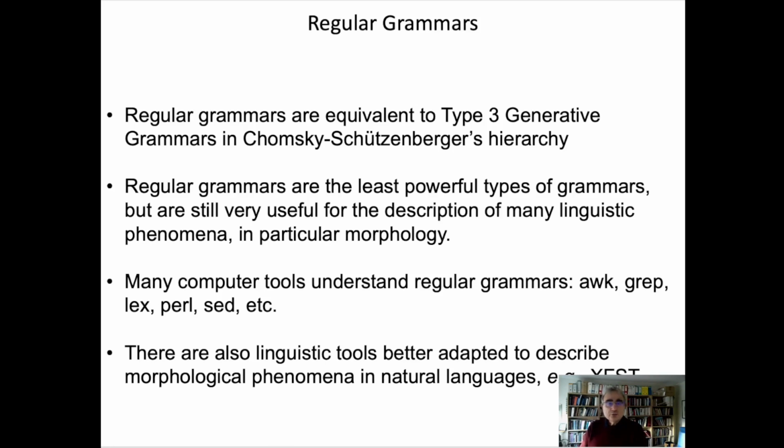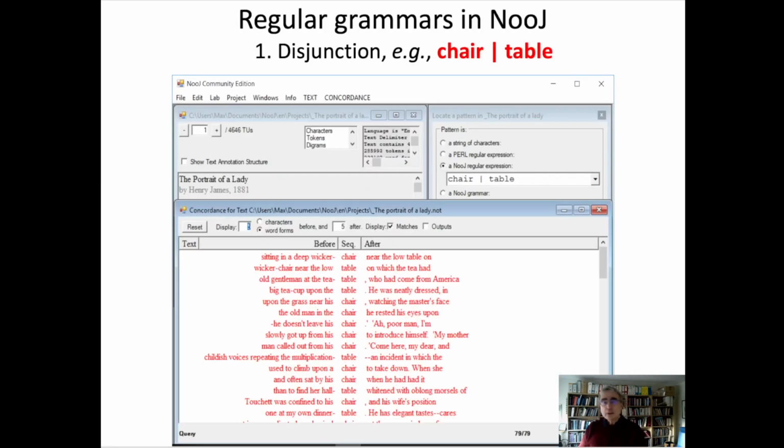So in Nooj, how do you write regular grammars? We already know that chair is a query. It's a regular grammar by itself, but it will only find the occurrences of the word form chair. If we want to recognize also all the occurrences of the word table, we want to write a grammar that will recognize both chair and table.